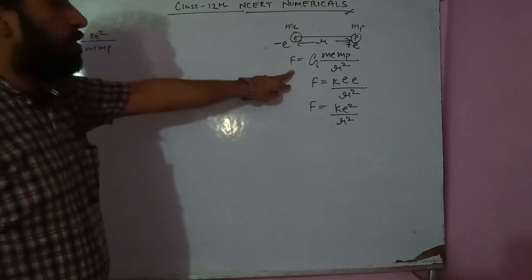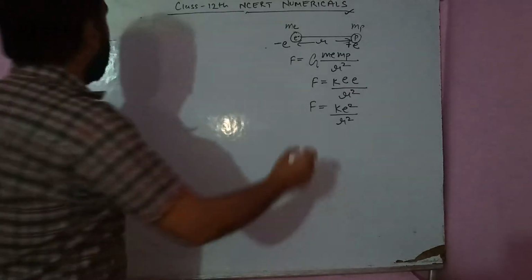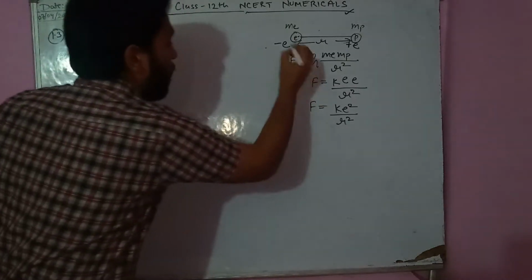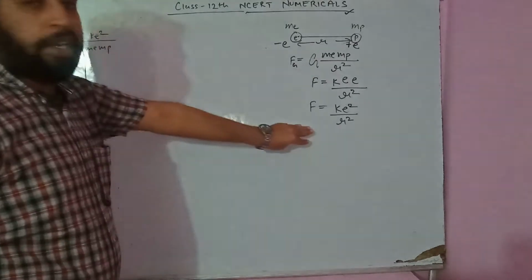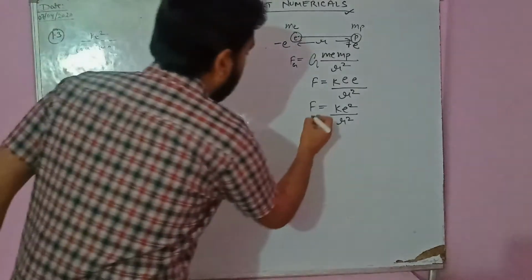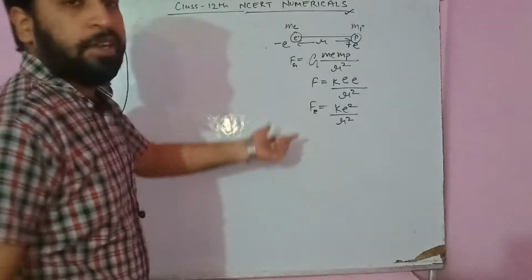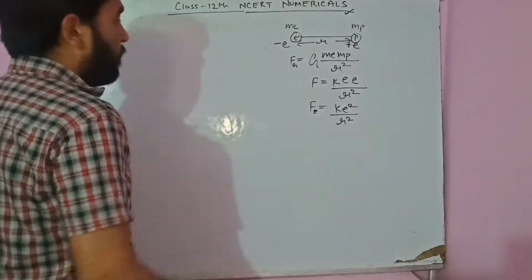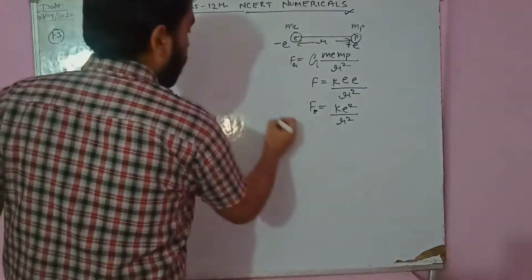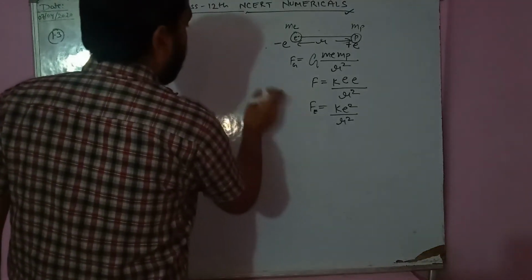Now students, this was the gravitational force, so I can represent it as Fg, and this is the electrostatic force, so I can represent it as Fe, to avoid confusion. Now let us calculate the ratio of electrostatic force and gravitational force.